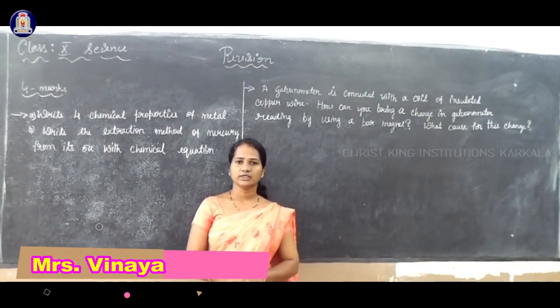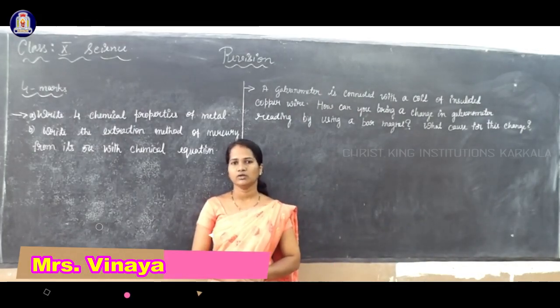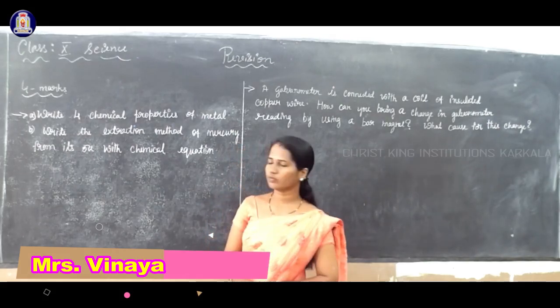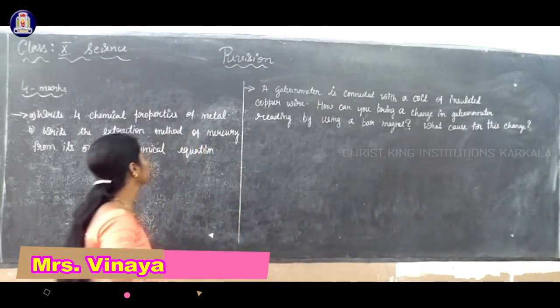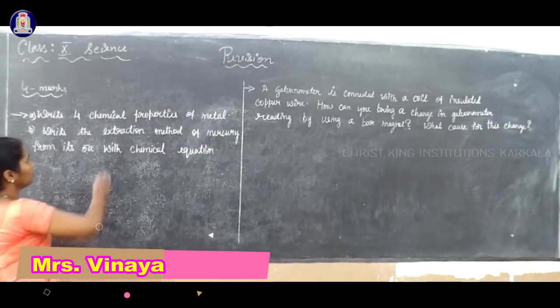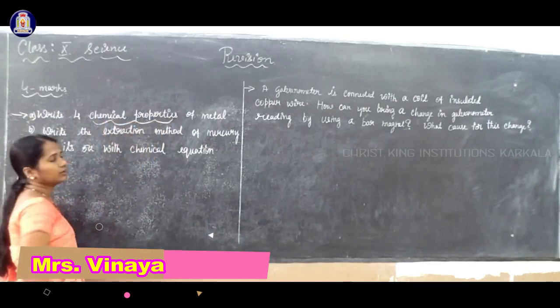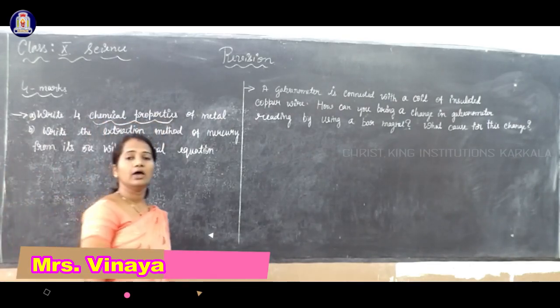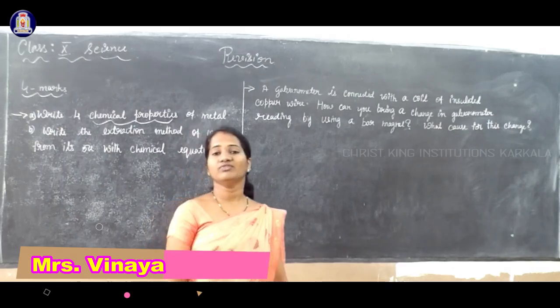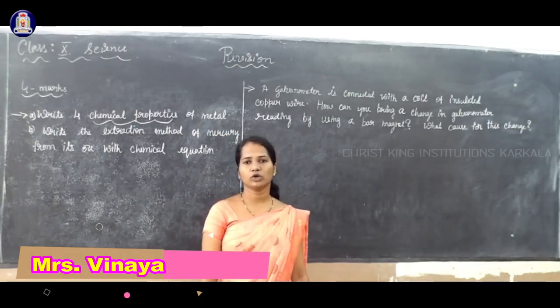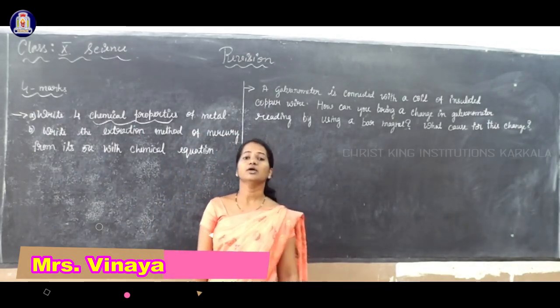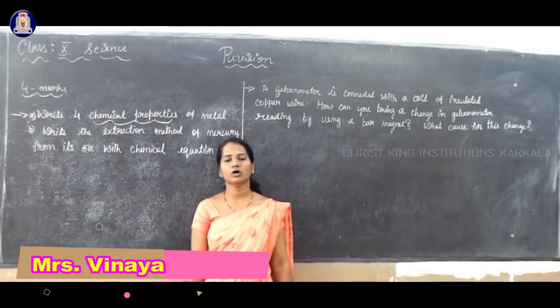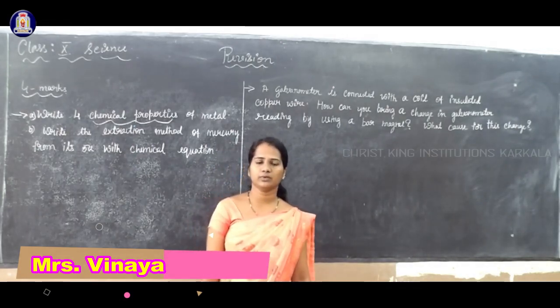So we move to the next 4 marks question. The first question is given like this. Write 4 chemical properties of metals. I have given the question, the differences between metals and non-metals on the basis of their physical properties and on the basis of their chemical properties.